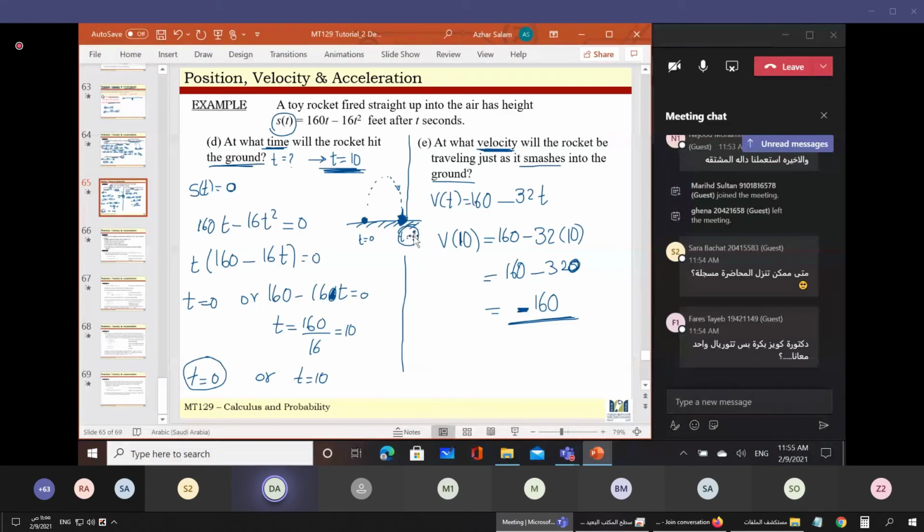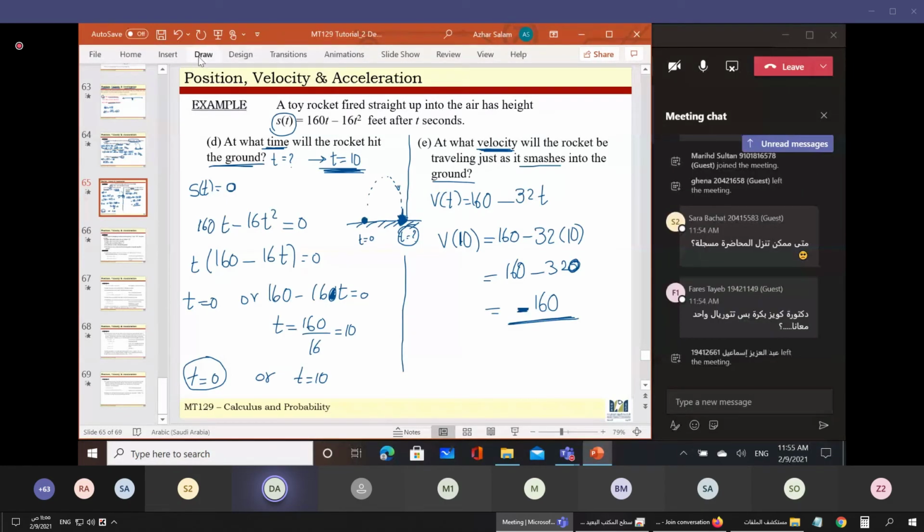So the question is all about the position, and it was wrong to use the velocity. The correct answer is to use the position function, because I know the position is 0 and I want to find the time at this position. This is why I used the position function.